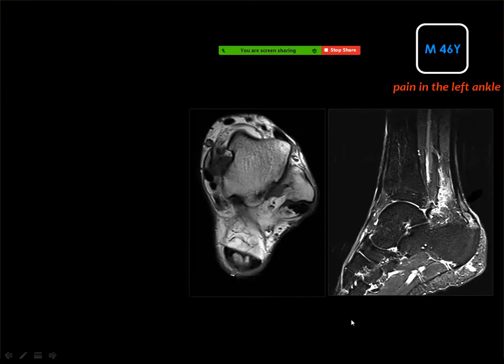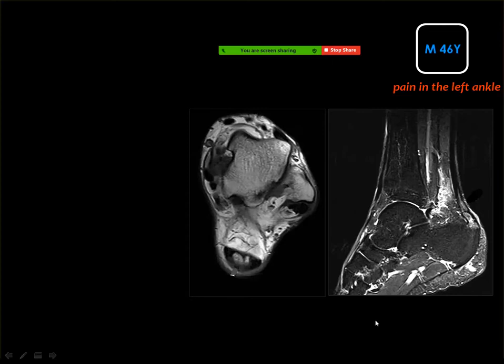And here you see an MRI of the ankle, axial image, and coronal and sagittal images. Then you can see that the Achilles tendon is relatively swollen, and you get abnormal signal inside. Haglund syndrome.